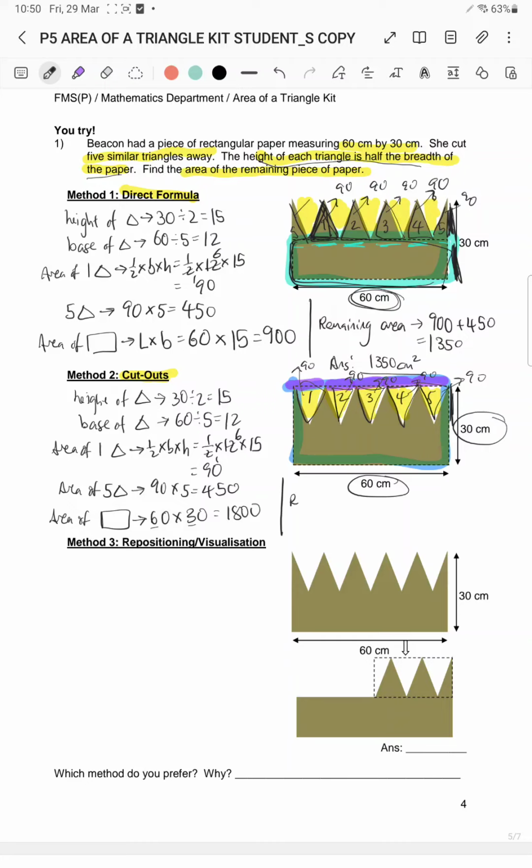Now, remaining area will be 1,800 minus 450, and that will be 1,350. That's the answer, cm squared. Yep, that's all.